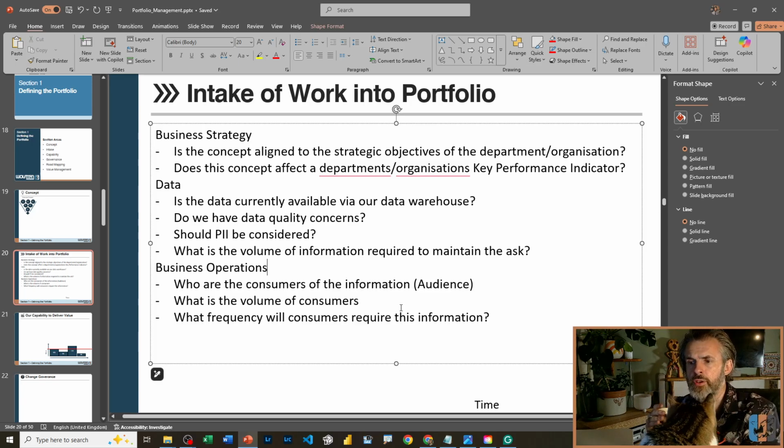So the volume of consumers. Is that of concern? Yes, it is. You'll have certain considerations to do with the volume of consumers.